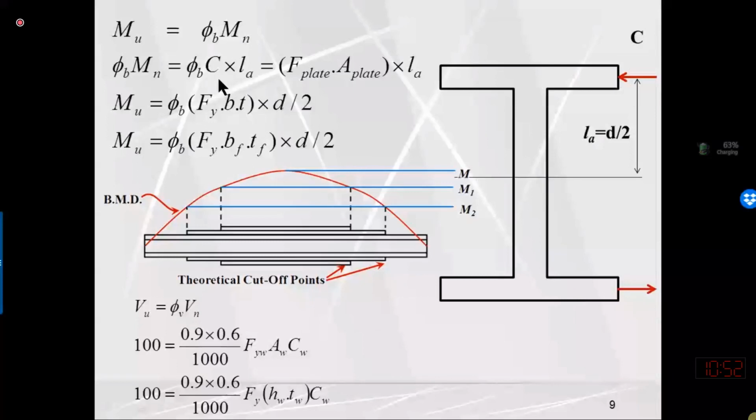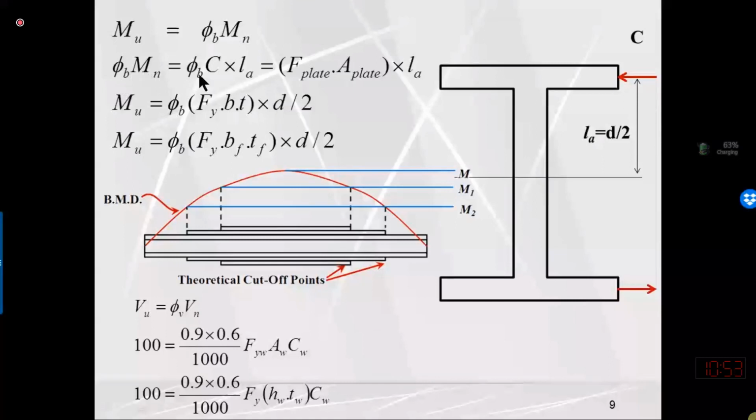So this compressive force multiplied by lever arm is equal to the moment carrying capacity of the plate girder. So we can consider phi b Mn, the moment carrying capacity, as phi b times the compressive force into lever arm.